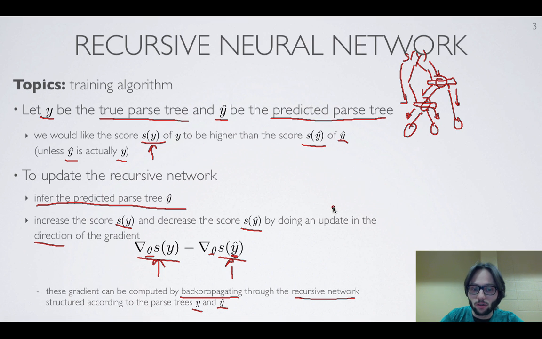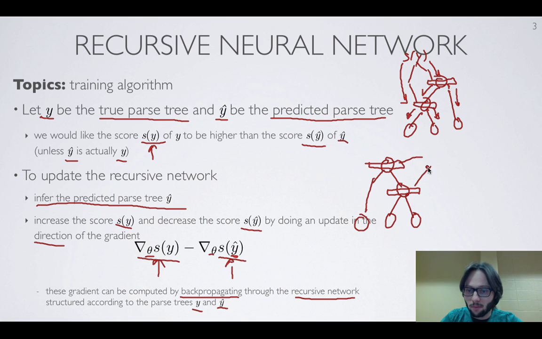And then if we wanted to get the gradient of minus S of y hat, imagine that y hat corresponded to a different parse tree, maybe this parse tree here. Then we'd be computing this vector representation and then this one, and from both of them we'd get a score which would be summed together, and this would give us S of y hat.